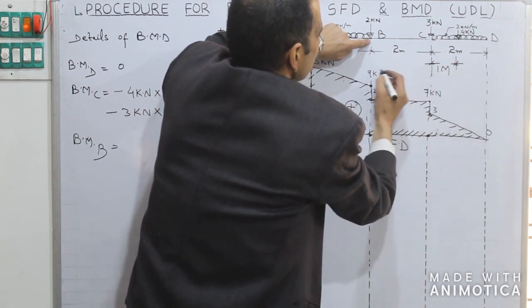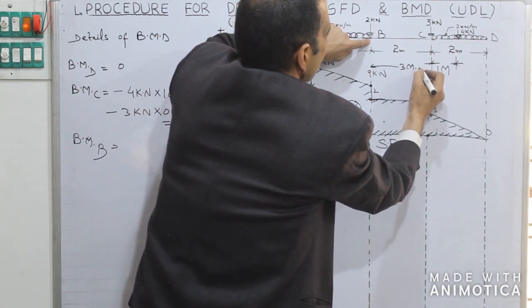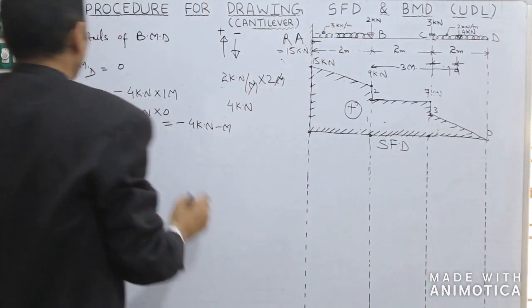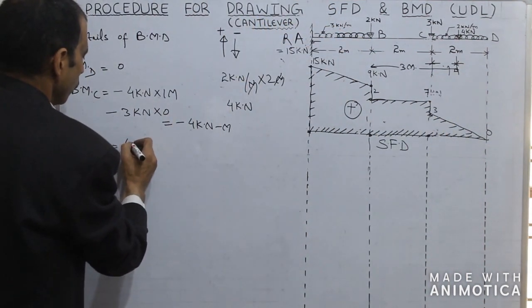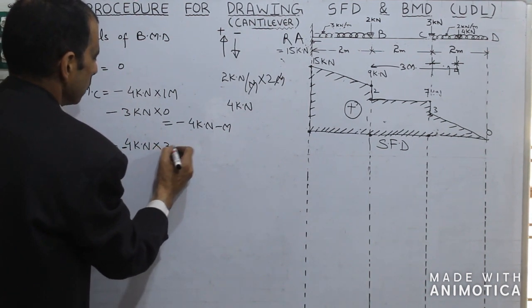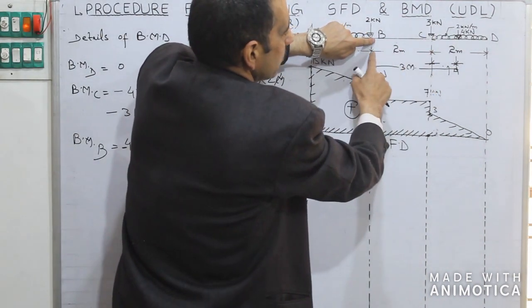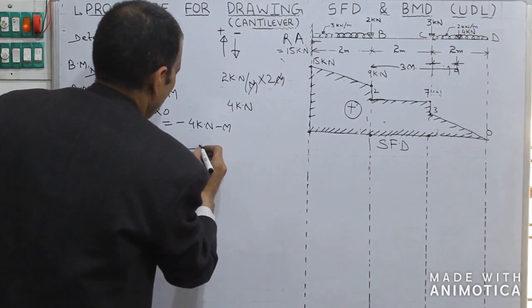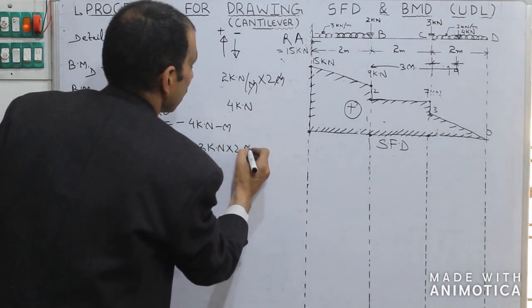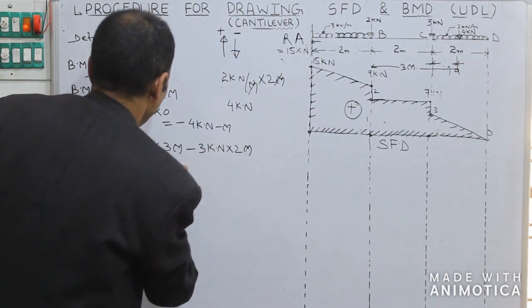That is minus 4 kilonewton into 3 meters, then minus 3 kilonewton at a distance of 2 meters, and 2 kilonewton at a distance of 0.